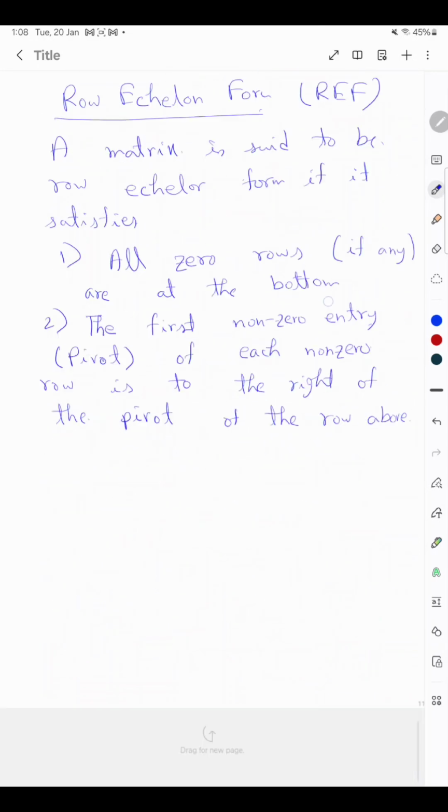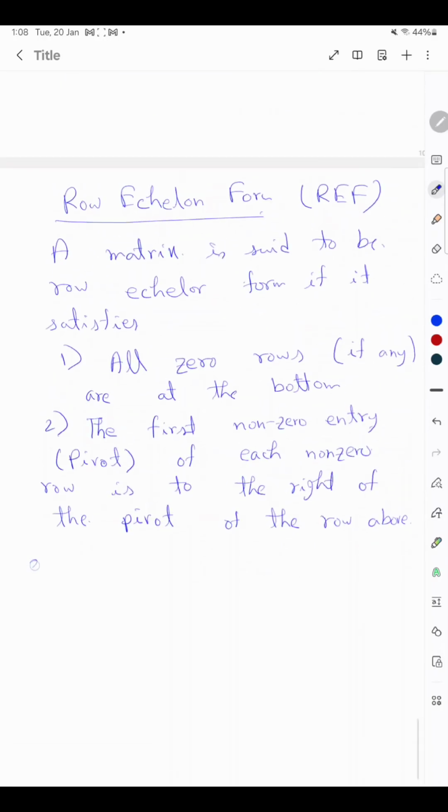Third, all entries below a pivot are 0. Now I will explain each point.